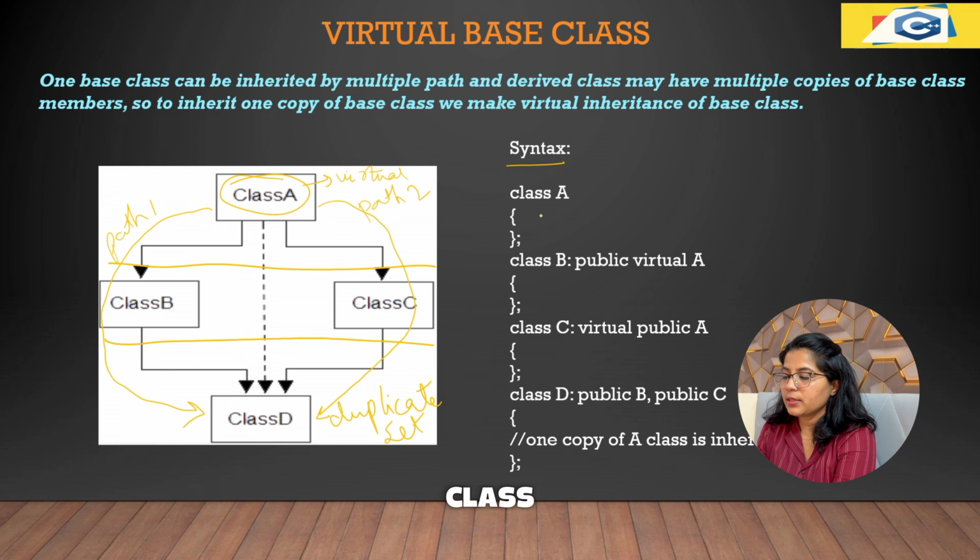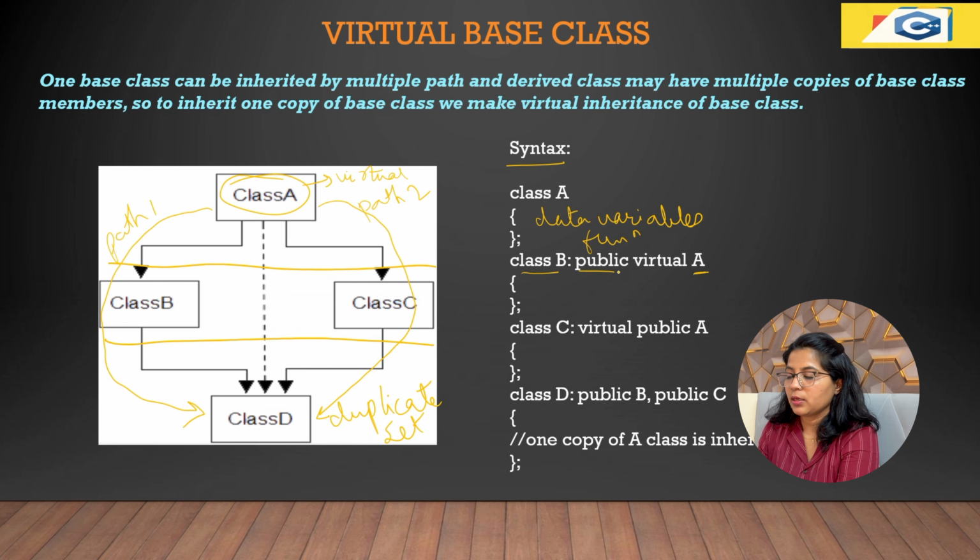Class A will have its own data variables as well as functions, right? Class B is a derived class. For class B, class A is a base class: public virtual A. So I need to use the keyword virtual before the name of the base class, right?